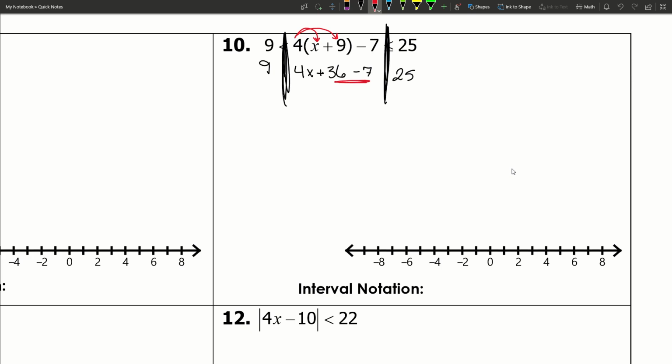Then we can go ahead and do 36 minus 7, which is 29, and that's less than or equal to.